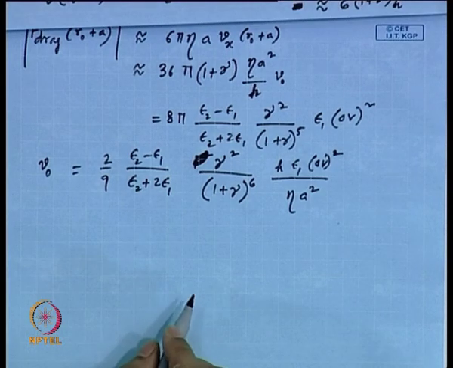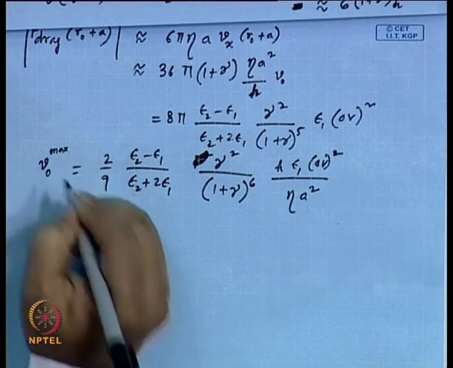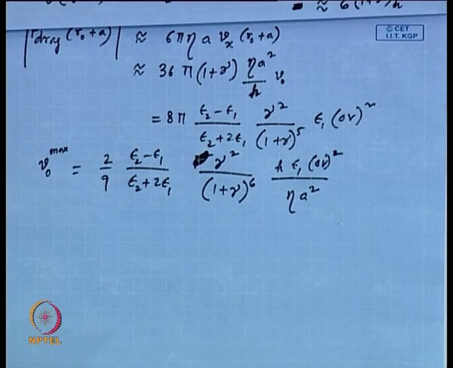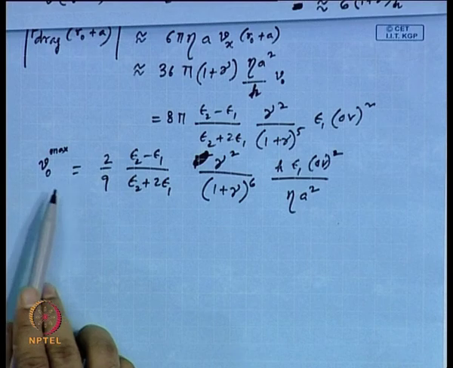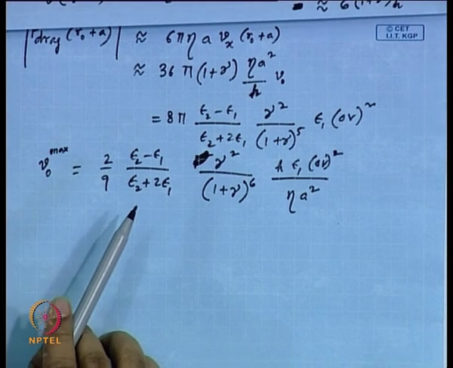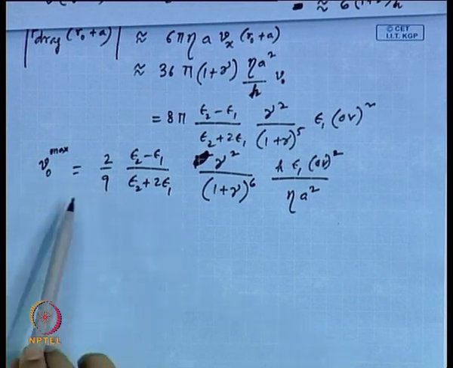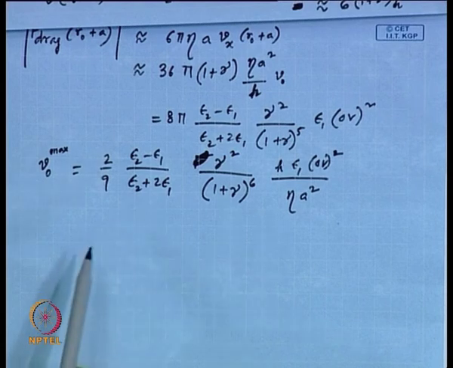This is the expression for v naught. You can call this a v naught max. Why v naught max? Because if v naught exceeds this value, then you know for sure that this particle will not be trapped, it will go out. So, this is the maximum v naught that you can permit for this system.